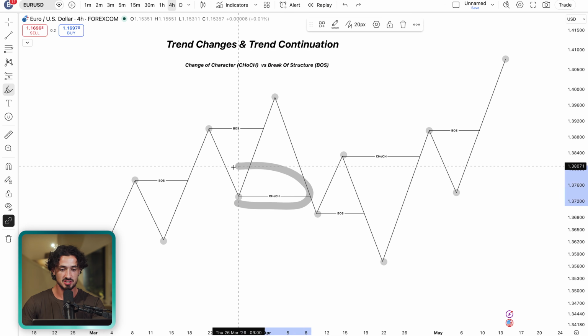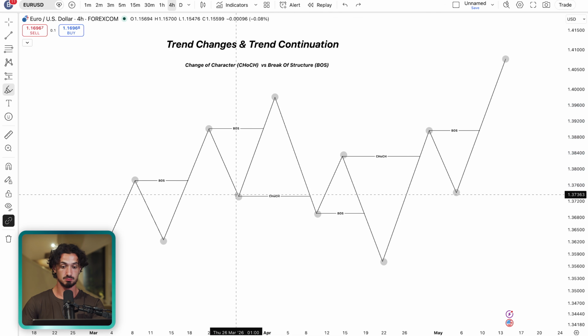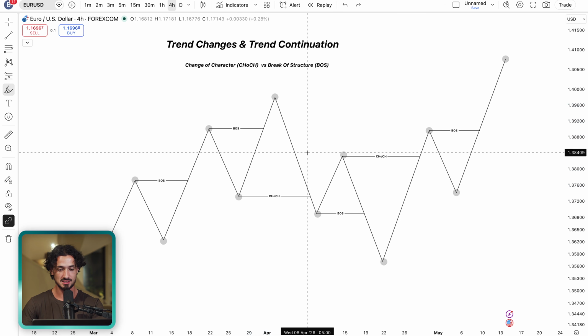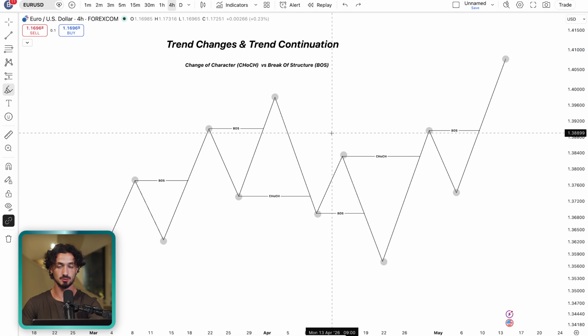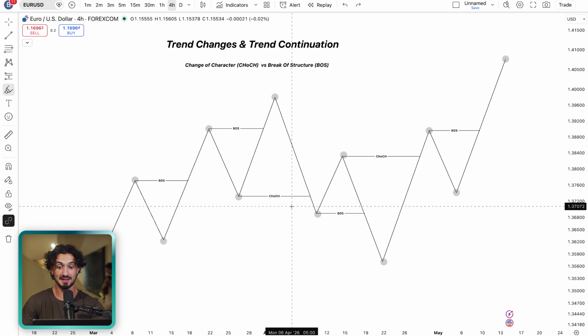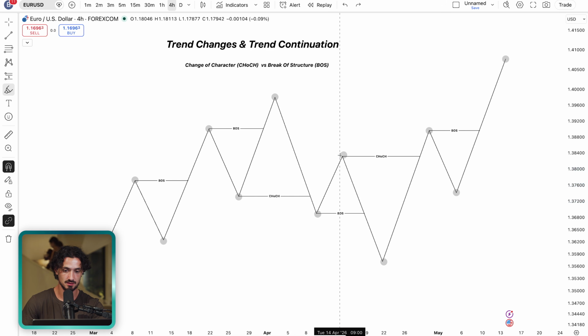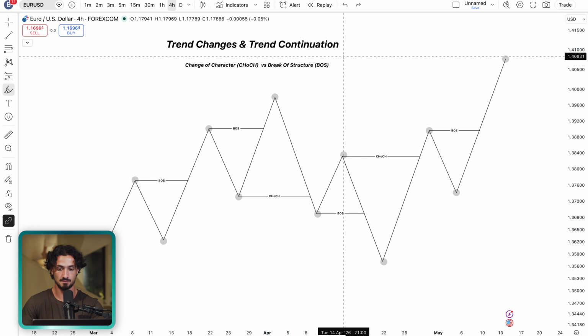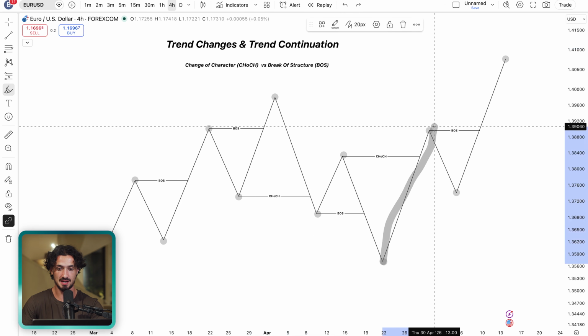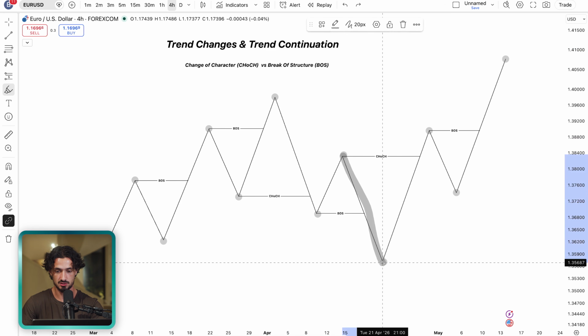Now that we've changed character, we've gone from bullish to bearish, we would be expecting a trend continuation, which is the continuing of the trend that we have. We put in a low, we put in a high, and we put in a lower low continuation. That is what a continuation is. And then again, you can see we get a change of character. So we go from bearish to bullish.